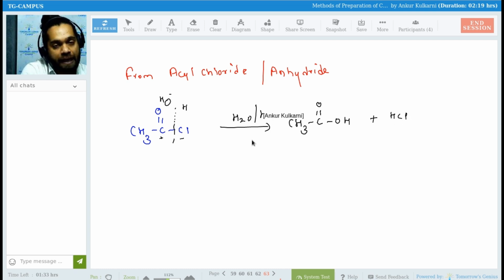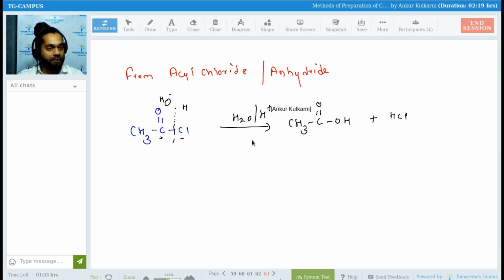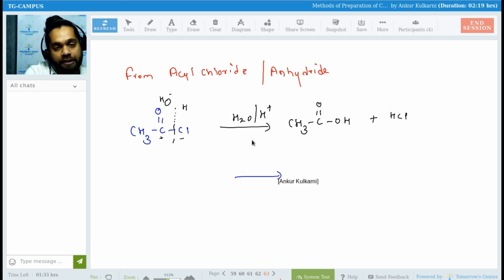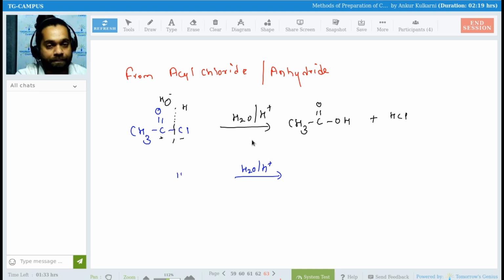Now this is what happens in the acidic medium. Is it clear? Very easy. Just you have to hydrolyze it. But if you have a basic medium, then there's a slight problem. Because if you do hydrolysis in the basic medium, in a basic medium, okay, I'll get the product, but CH3COOH is an acid.